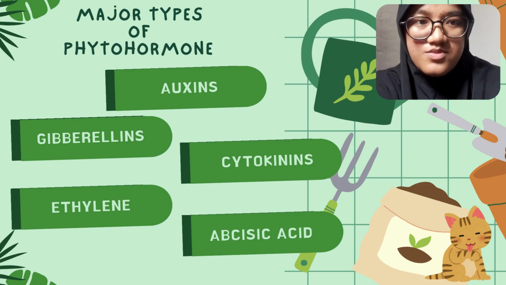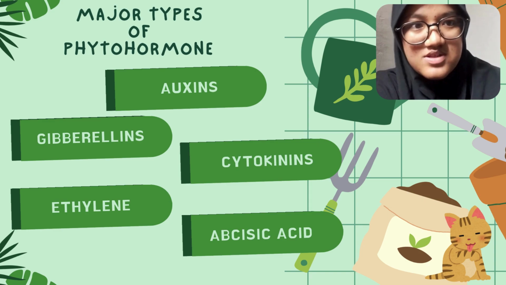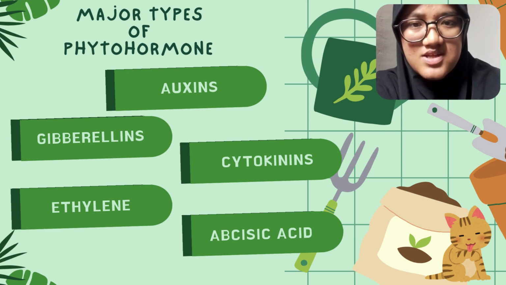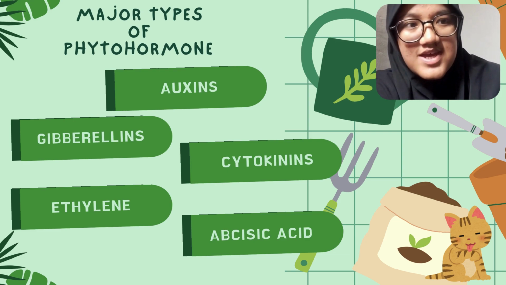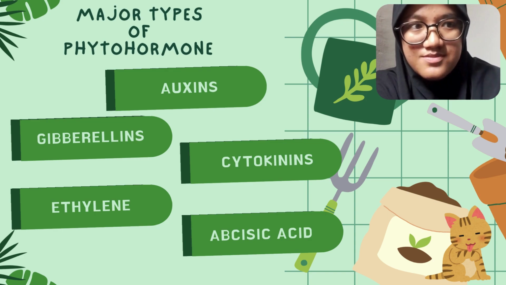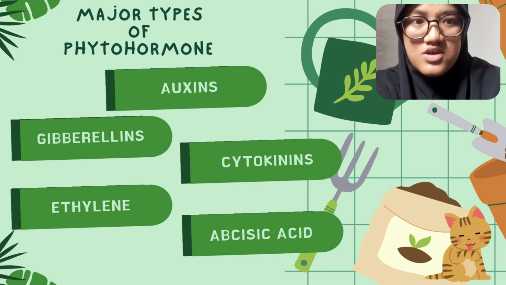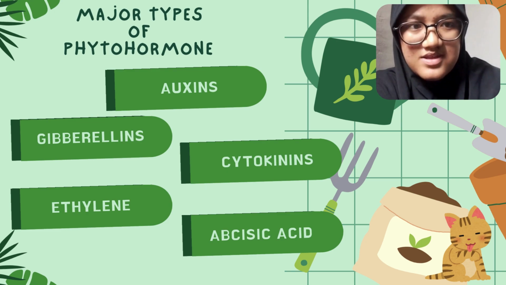Cytokinins promote cell division and delay aging of leaves. Abscisic acid helps plants respond to stress like drought and induces seed dormancy. Ethylene is a gas that controls fruit ripening and leaf or flower shedding.